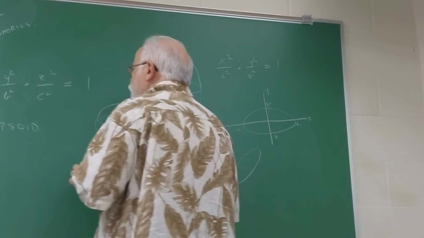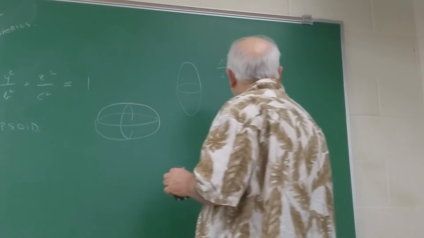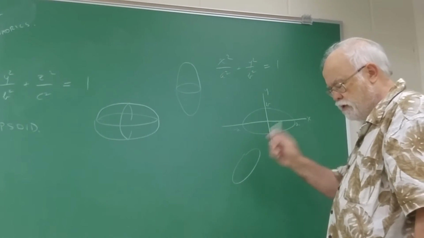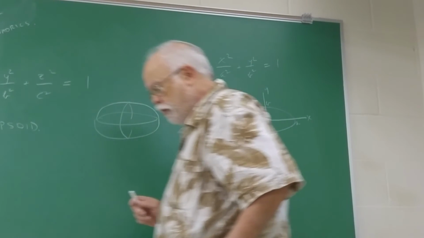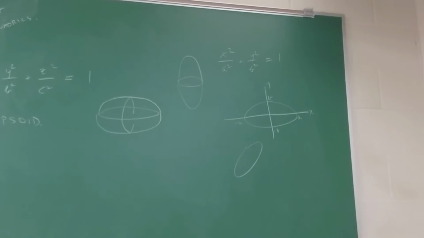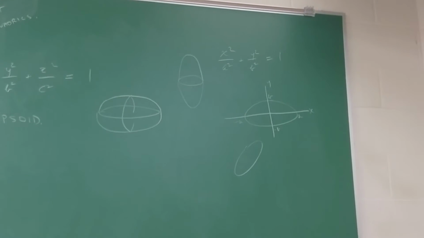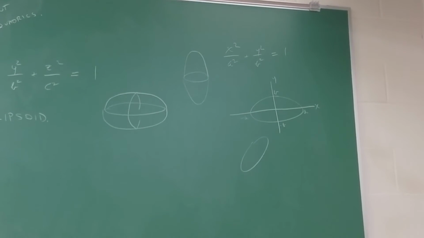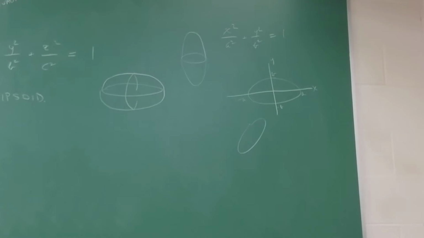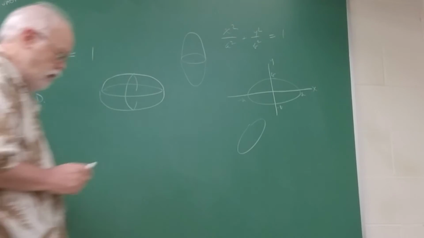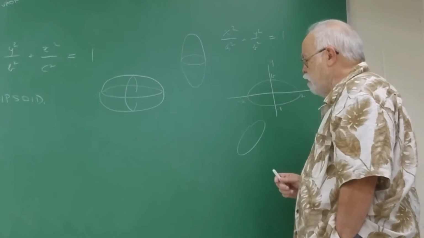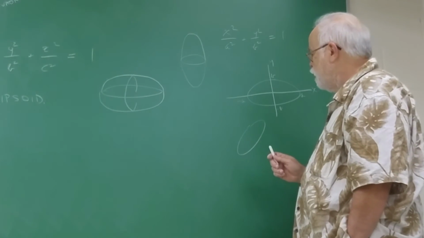So the next thing to do: what are all the possibilities for second-degree graphs in 2 dimensions? We got ellipses, circles, what else? Hyperbolas and parabolas. Those are the conic sections. There are some other things that are known as degenerate second-degree equations.